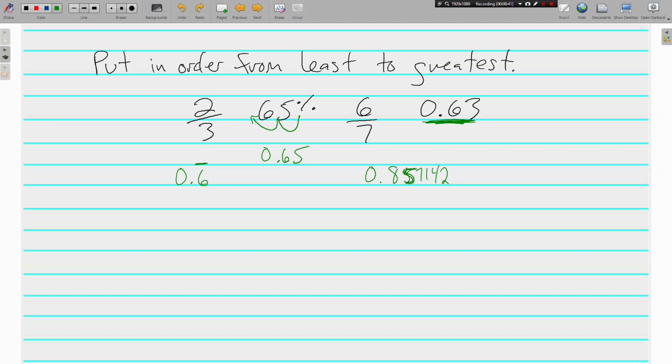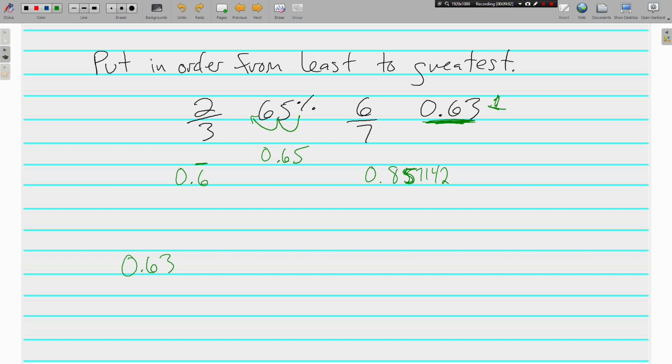Alright, now that they're all decimals, they're a lot easier to compare. My smallest one is clearly right here, my 0.63. That's number 1. That's the least one. So 0.63.